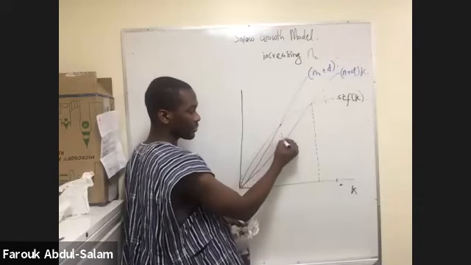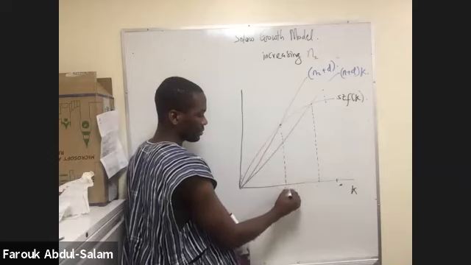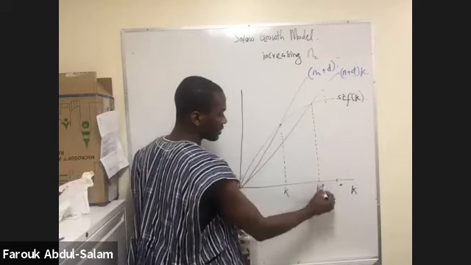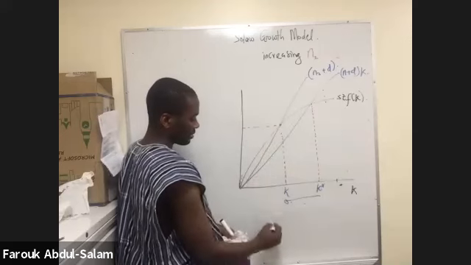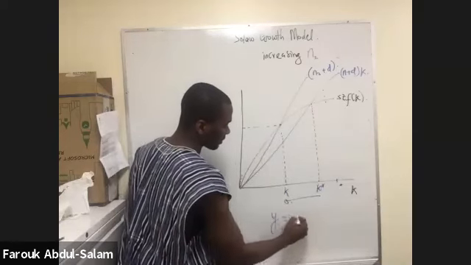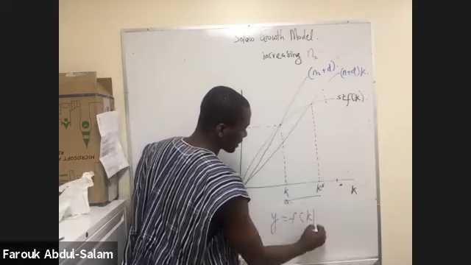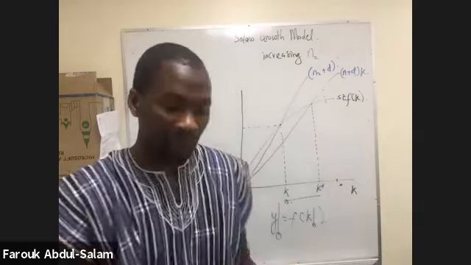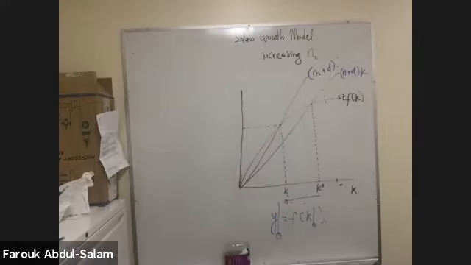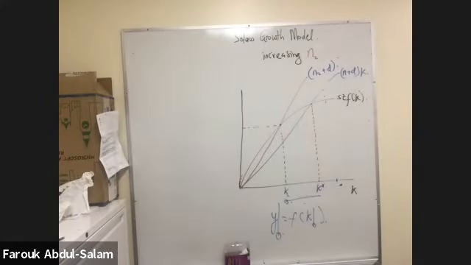We see capital reduce from the initial steady state back to this side. And as capital reduces, Y, which is a function of capital, also reduces. So in a way, an increase in population growth rate will reduce the output per capita.